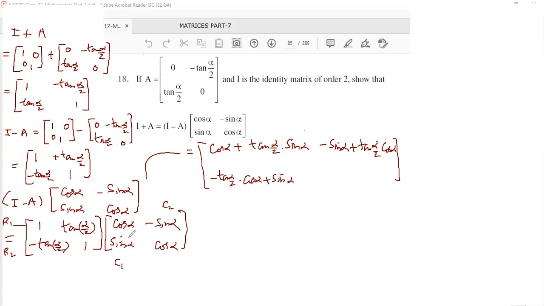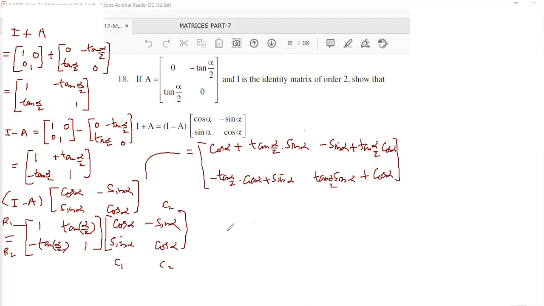Then second row, second column: minus minus plus tan(alpha/2) into sin alpha plus cos alpha.